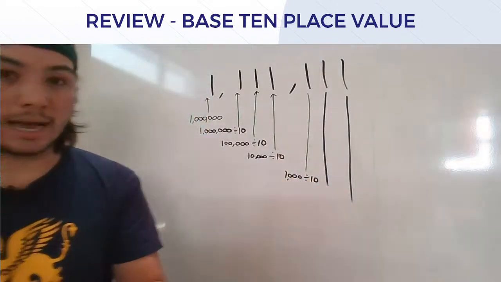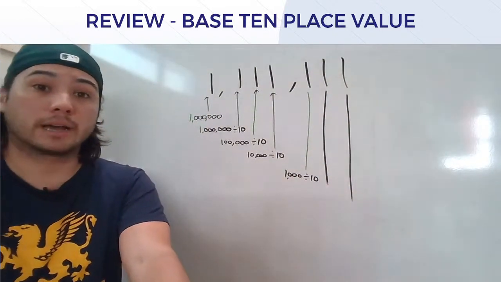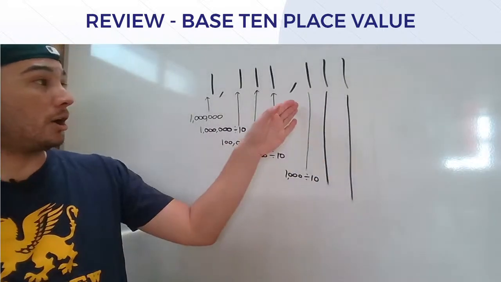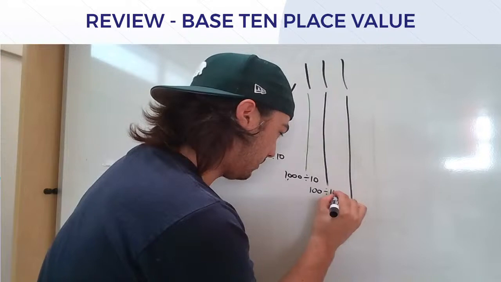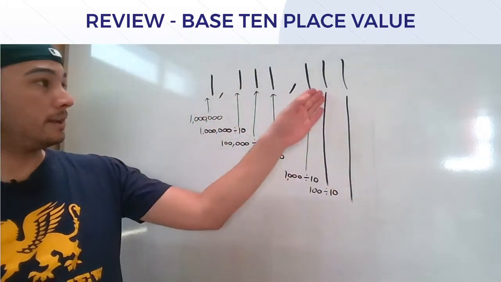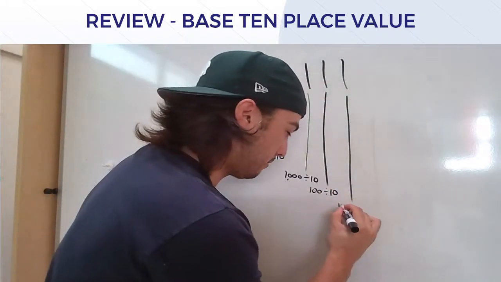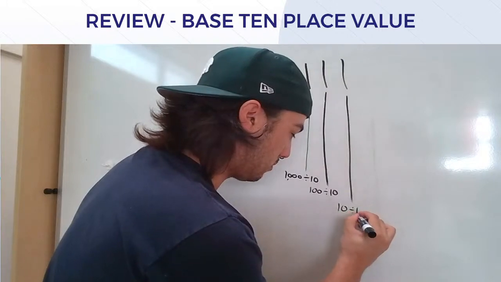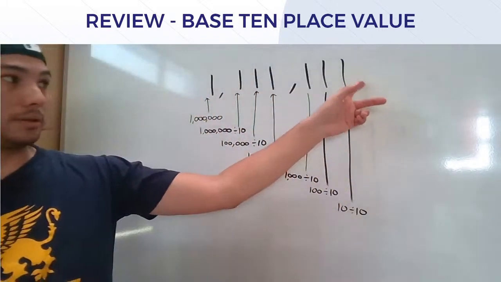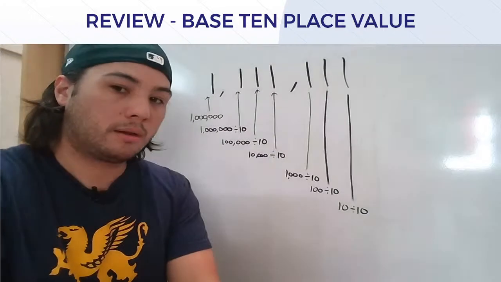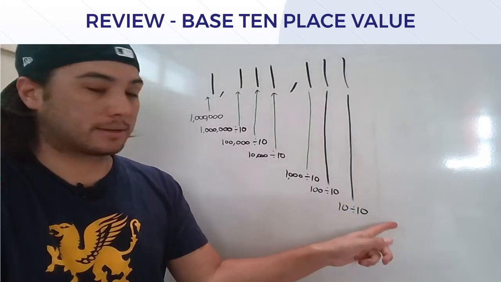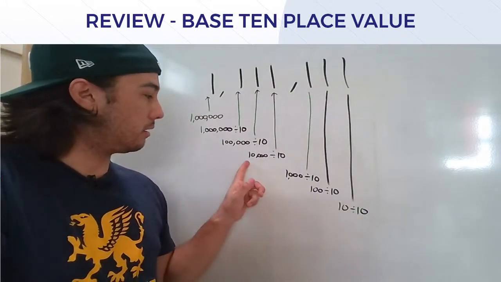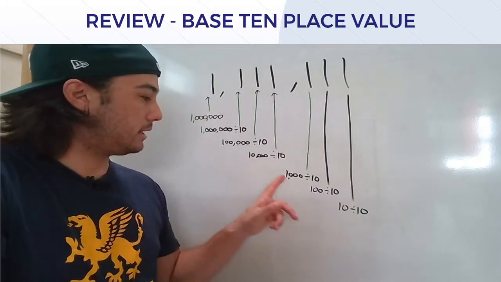Okay, if I have $1,000 and I put it in 10 equal groups, I've got $100 in each group, right? 100 divided by 10 is 10. And then 10 divided by 10 equals 1.